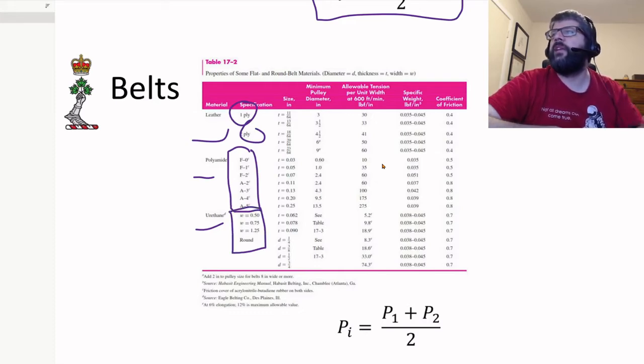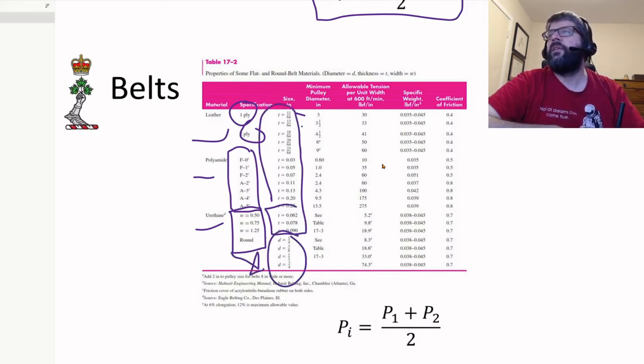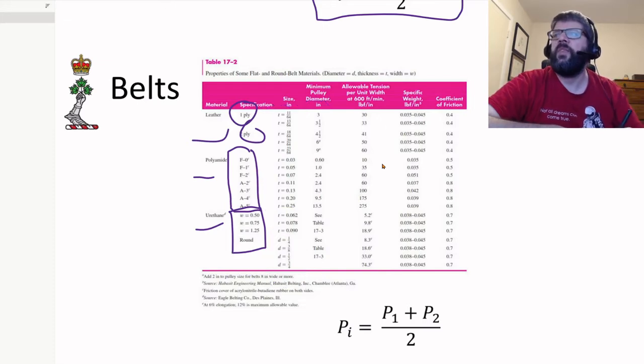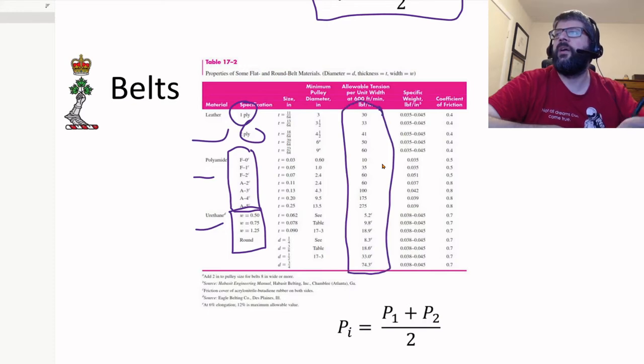Each of them has certain thicknesses available, for these flat belts and these urethane belts down here. These are round ones. Then there are minimum pulley or sheave diameters that you're going to want to be using. And then here's our limiting factor in terms of allowable tension per unit width.